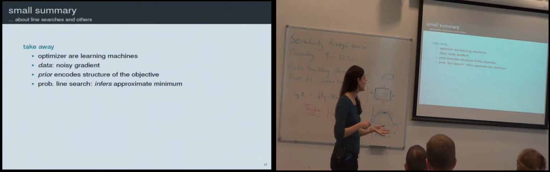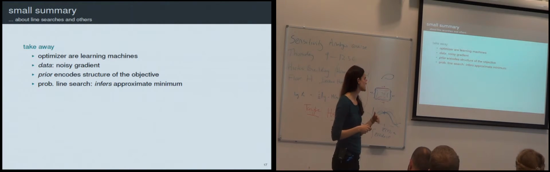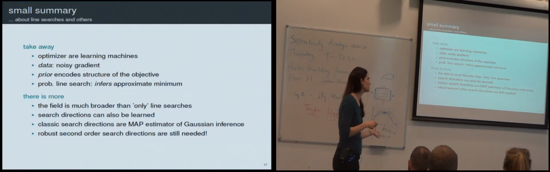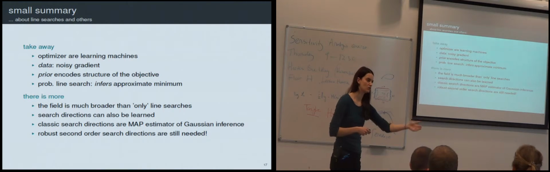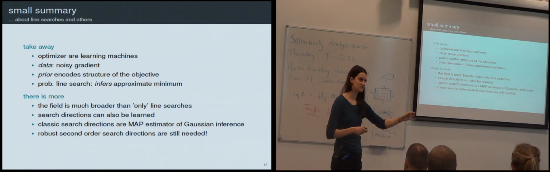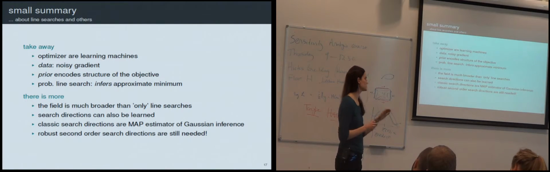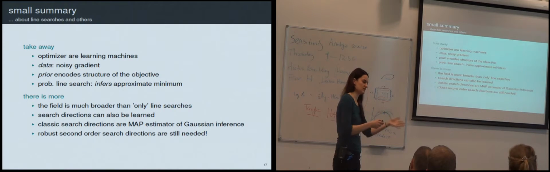For example, the line search infers an approximate minimum each time. You can also make this field much broader and think about inferring more robust search directions if I tell the code, this is your gradient, but it has this Gaussian noise. So if the code is not only called stochastic, but actually has a number in there which tells it, I can rely this much on my gradient and this much on the model.